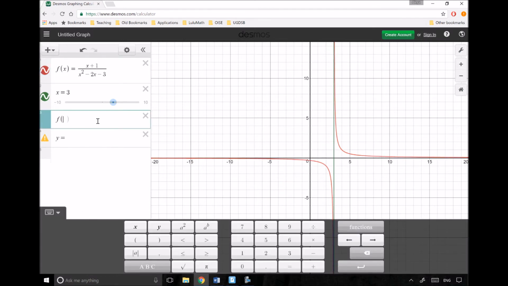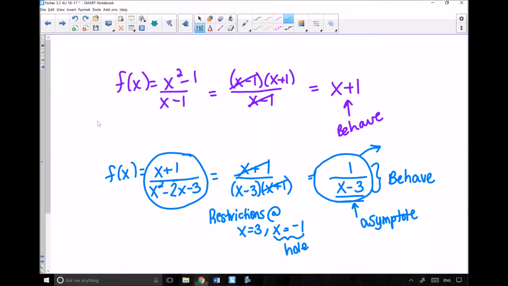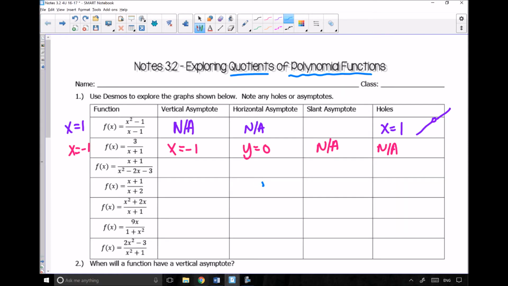And let's just verify here as well, f of -1 is still going to be undefined. Okay, so then I can conclude that I have a vertical asymptote at x equals -3, sorry, at x equals 3, not -3, and that I have a hole at x equals -1.